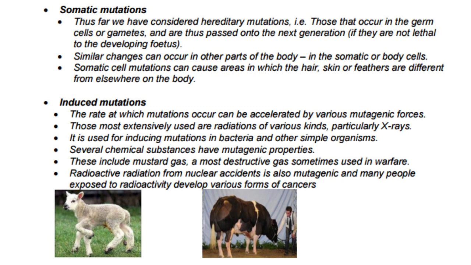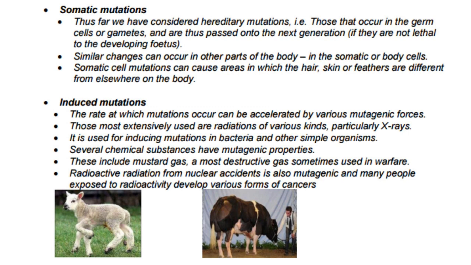Induced mutations. The rate at which mutations occur can be accelerated by various mutagenic forces. Those most extensively used are radiations of various kinds, particularly X-rays. It is used for inducing mutations in bacteria and other simple organisms.